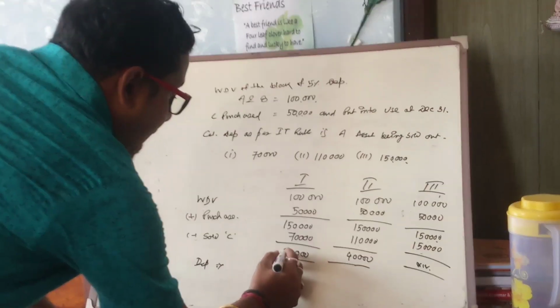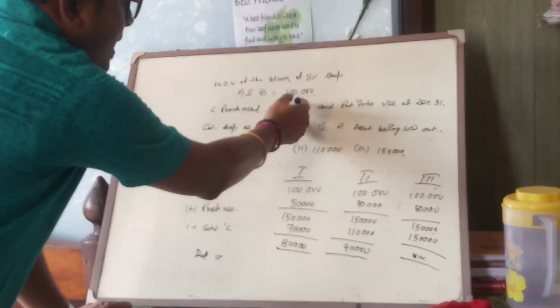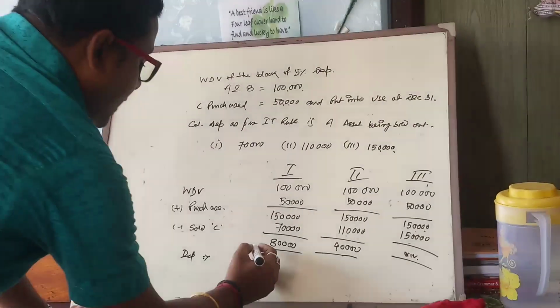Now, what will be the depreciation under situation 1? Out of 80,000, what is the value of the new purchase? That is 50,000.